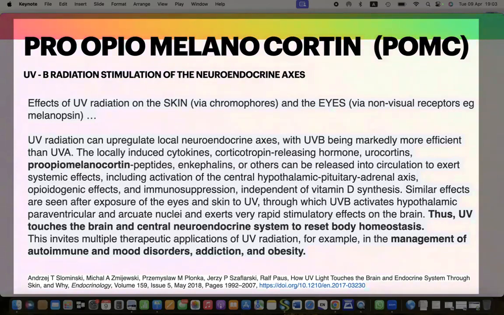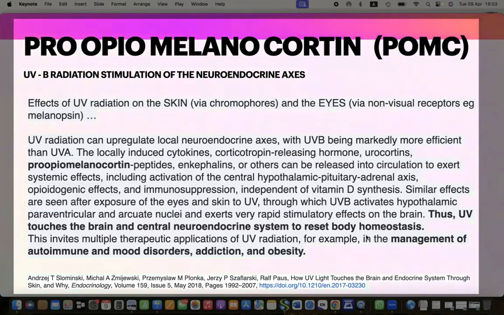So the POMC stands for pro-opiomelanocortin, and it's split up and it makes up a whole range of different hormones and different effects.